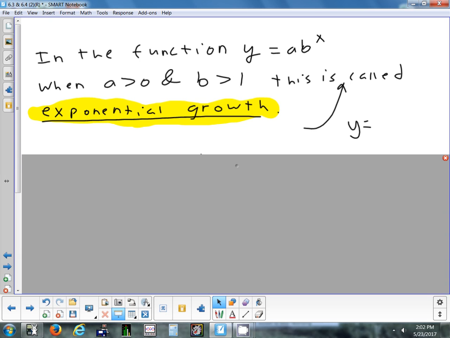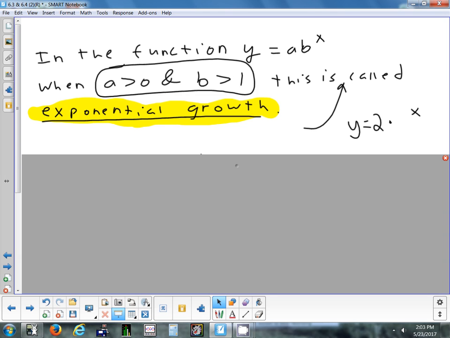Y equals, I'm going to put the little x here. Can somebody give me a function that would fit this criteria? A greater than 0 and B greater than 1. So what could be the first number I put in the y spot? Jordan? 2, that's fine. 2 is greater than 0. Put my little times. 1.5.